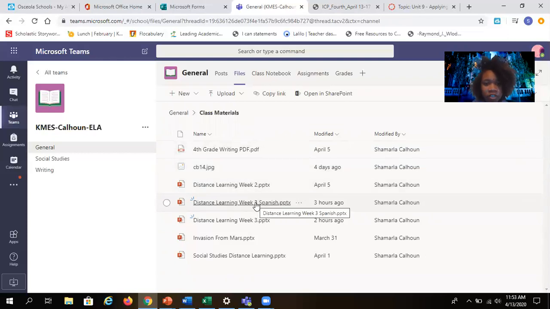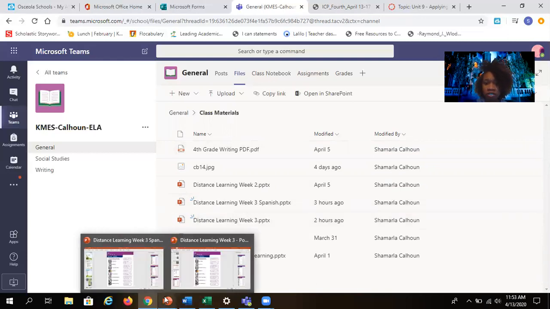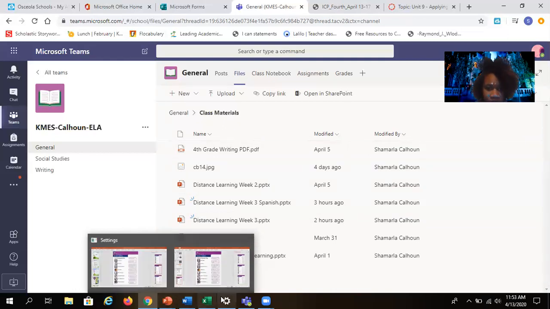So you have 2 PowerPoints here: the distance learning 3 and the distance learning 3 Spanish. Just click on whichever one is helpful. Sadly, it will not let me do the text in Spanish, so that's still going to be in English, but all of the directions are in Spanish.